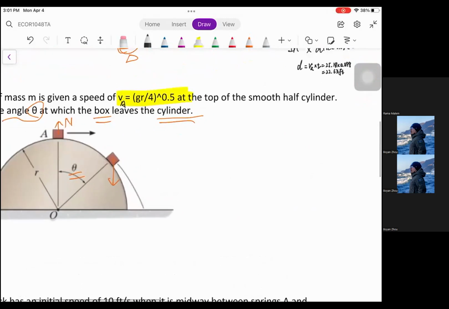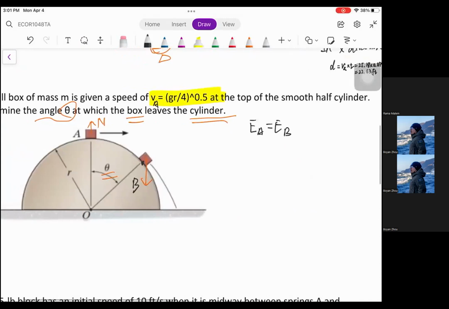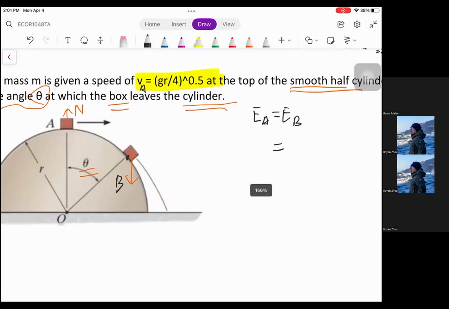And so we can first apply the energy rule. This one is point A, and I'm gonna call this one point B. So the energy at A is equal to the energy at B. And since everything is smooth, we don't need to consider any energy consumption.